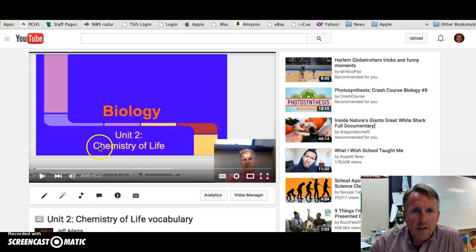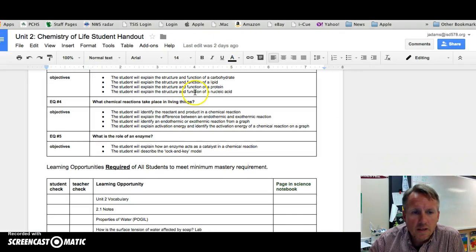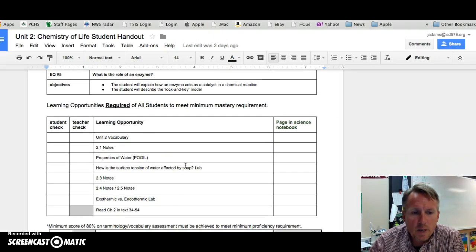You'll see that one of the required learning opportunities this time is actually to read Chapter 2 in the text. So this first section is taking a look at pages 34 to 37, so you can get a jump start on that when you're done with the vocab.